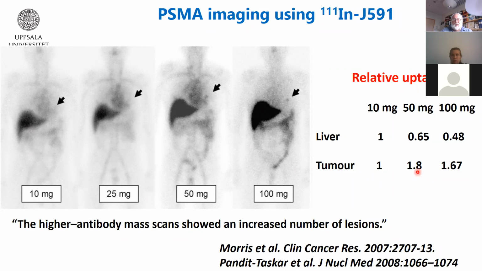A study by Morris and co-authors concluded that higher antibody mass scans show an increased number of lesions. So sensitivity is increased when you are injecting more substance. Again, decrease of specific activity by increasing the injected mass resulted in improvement of imaging.